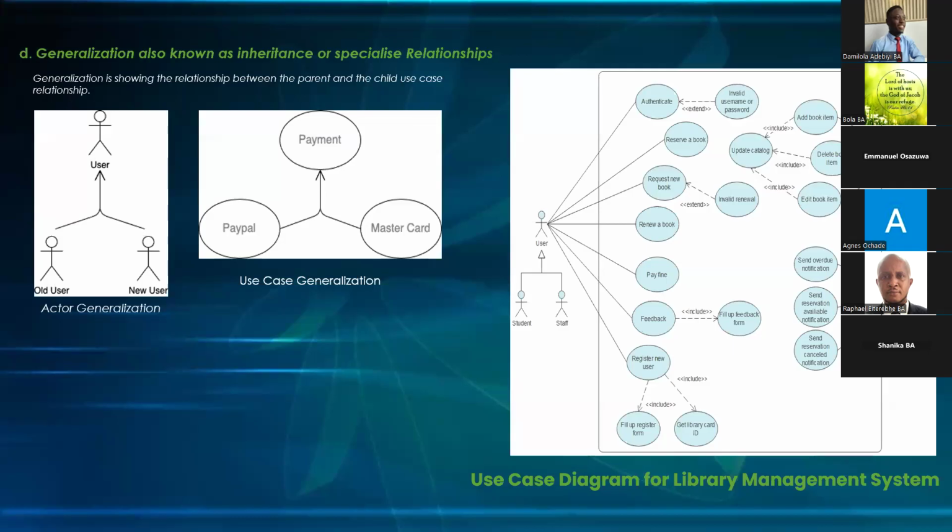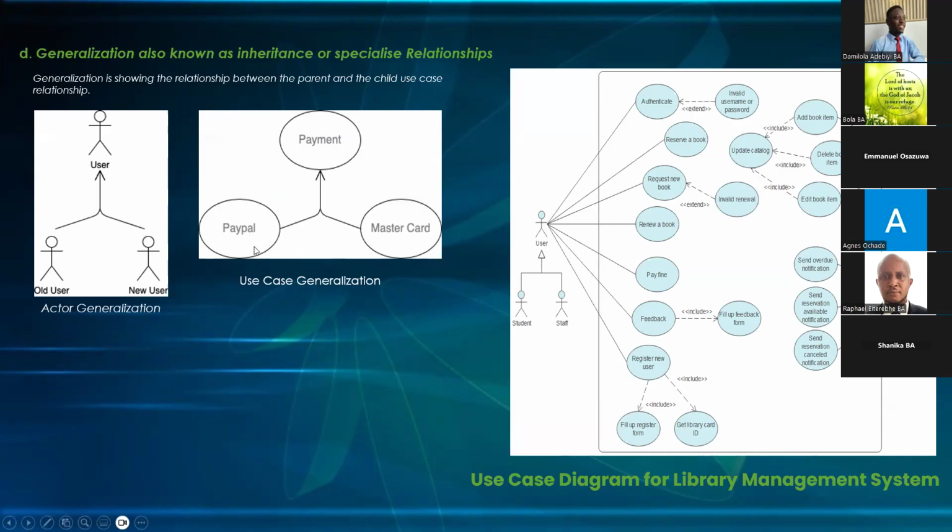Remember, we have the solid line, the association. We have the broken arrow pointing forward and backward, which is the include and extend relationship. Now we're looking at the fourth relationship, generalization, also known as inheritance or specialized relationship. That's a mother-father kind of relationship.